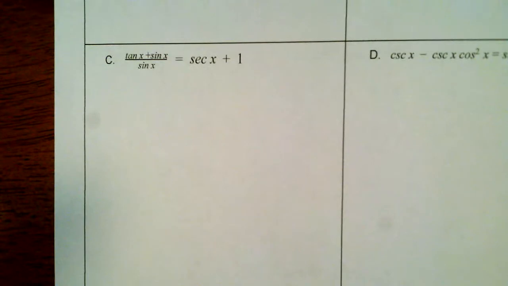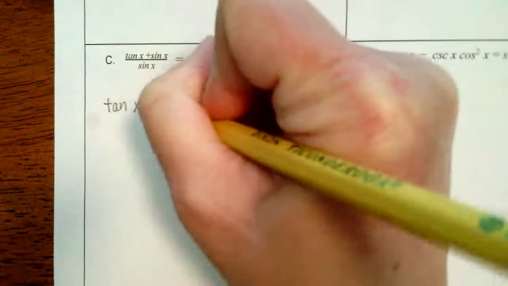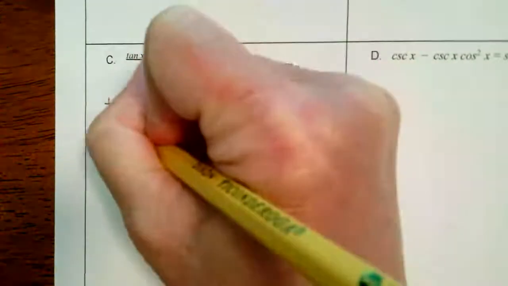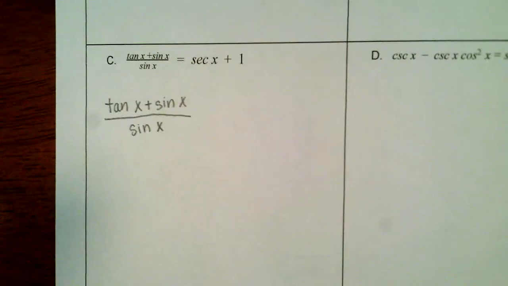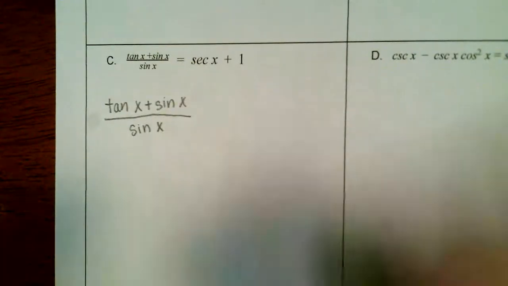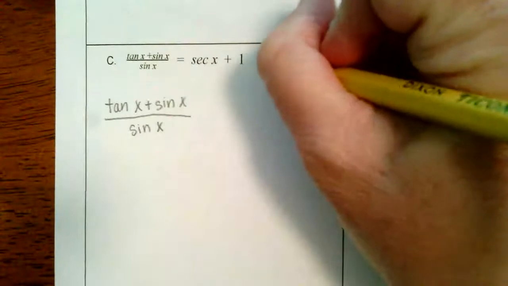For our next one, again, I notice that the left is more complicated. So I'm going to write that over, being careful to copy it exactly and make sure I have all of my arguments. And I am going to use this fact.